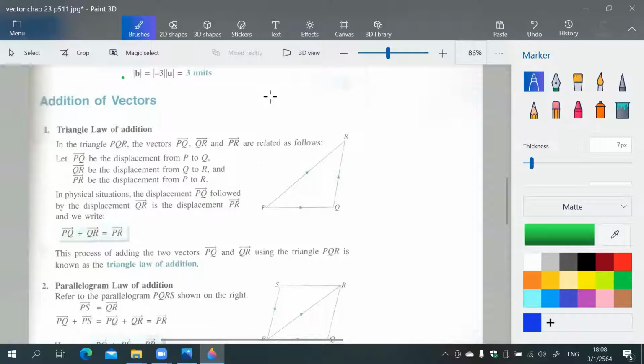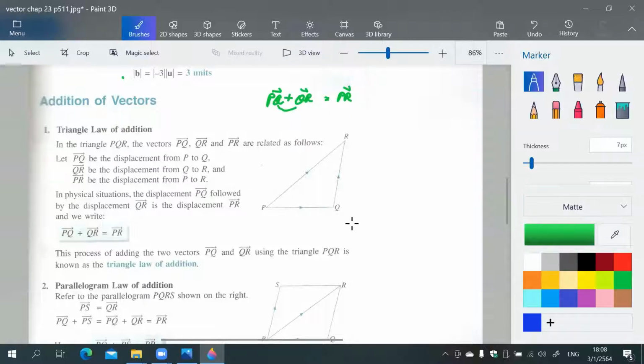So we have vector PQ plus QR, with the common point Q, equals PR. We will use this idea a lot when you solve questions. Most of you know this, and we learned it before.